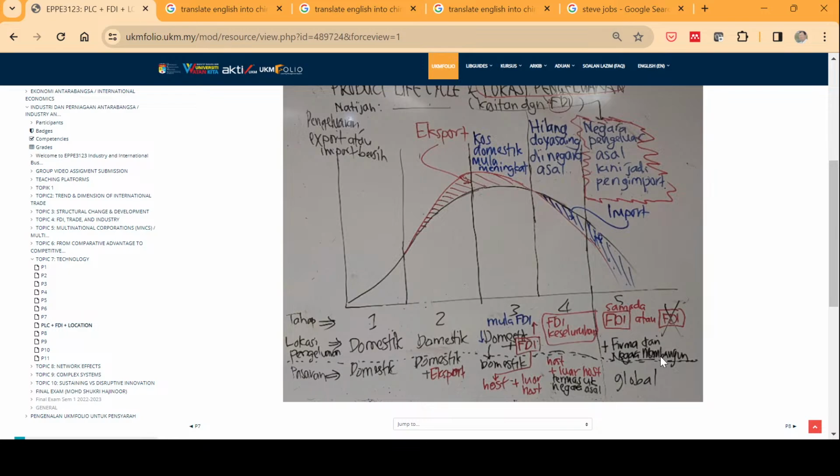Very high fixed cost to start with. And the cost will go down as more sales revenue. When you can sell more, you can produce more, the cost will go down.